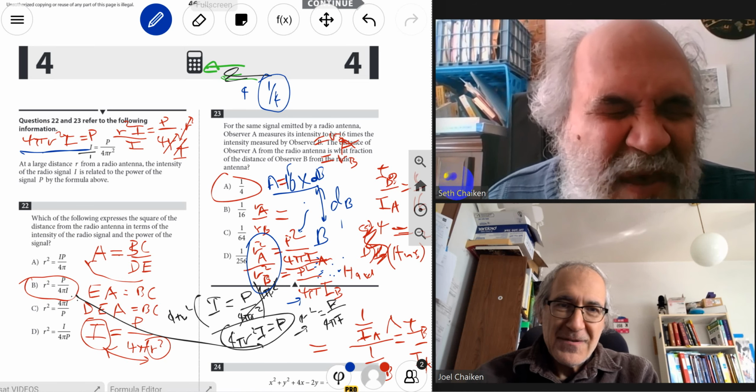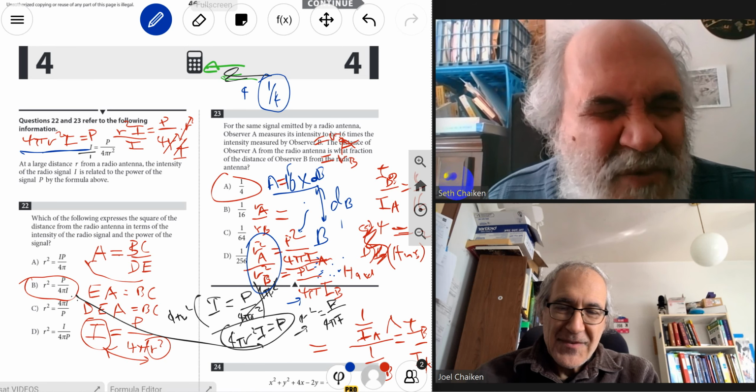But the big picture I had about that was that P was constant in this problem.